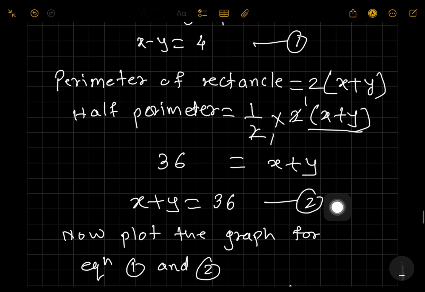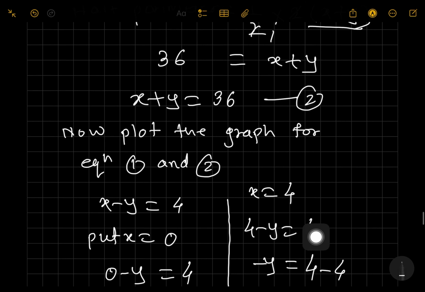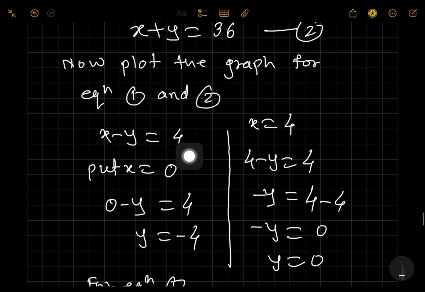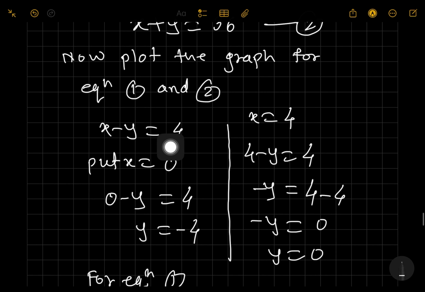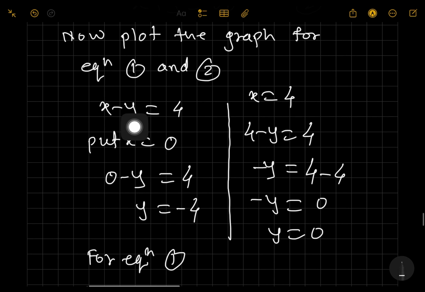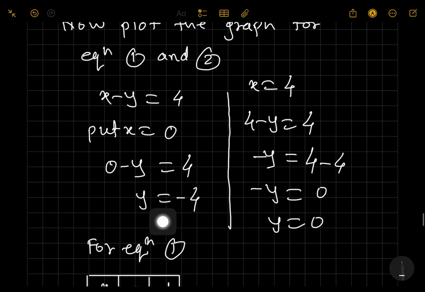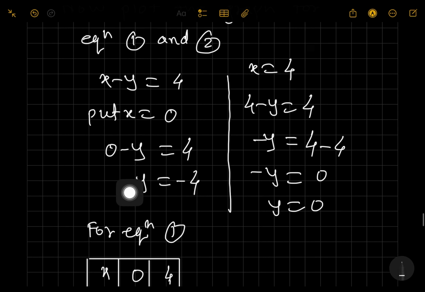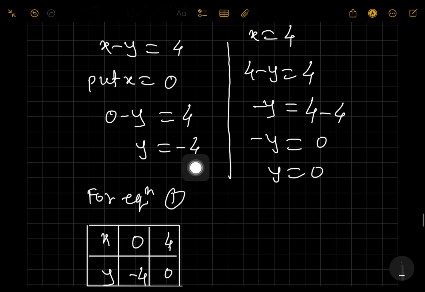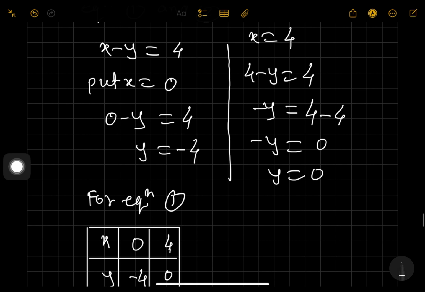Now we have the first and the second, and we can plot them on the graph. So we have to put in some values. The first equation is x minus y equal to 4, so put x equal to 0. Then 0 minus y equal to 4, and y equal to minus 4. We don't write the minus sign with the letter, so multiply both sides by minus 1.